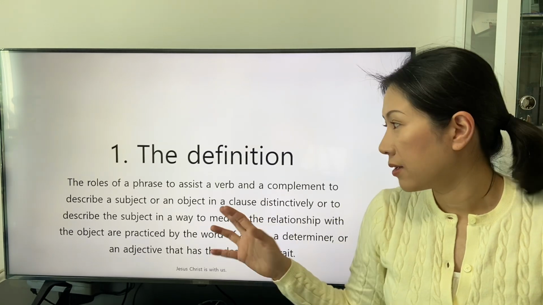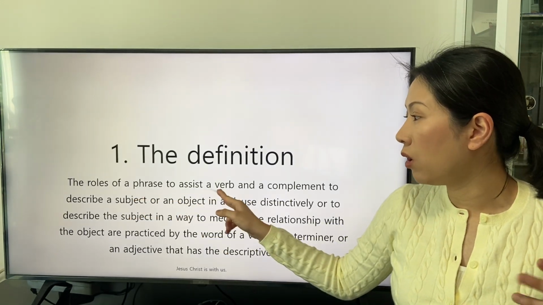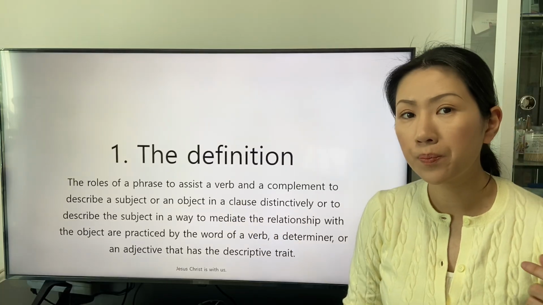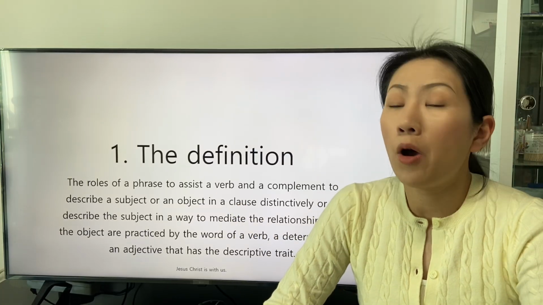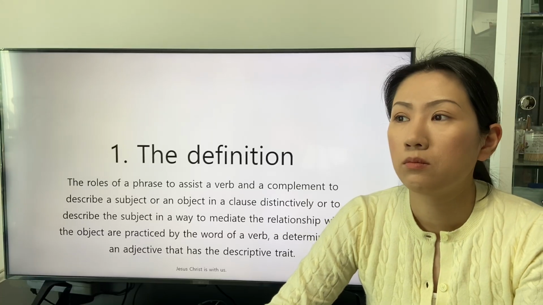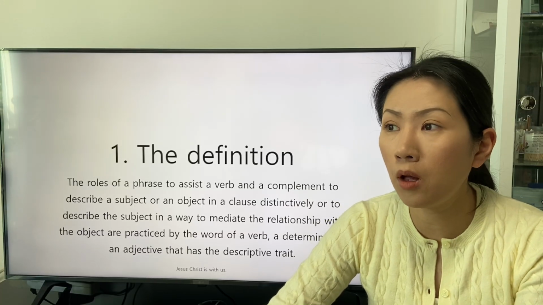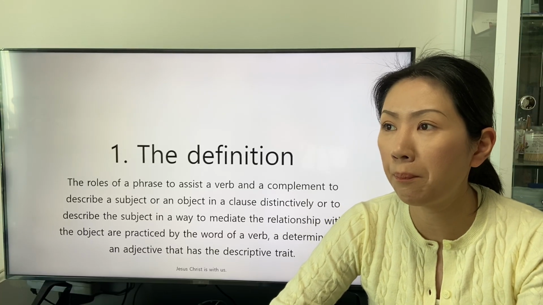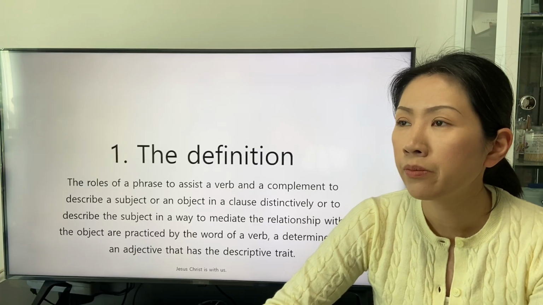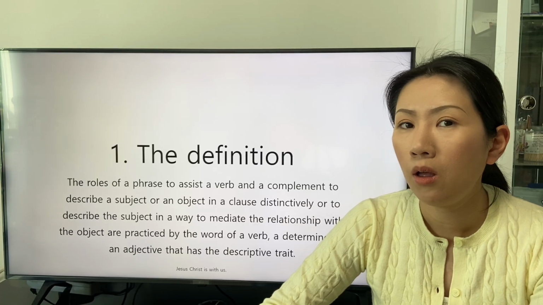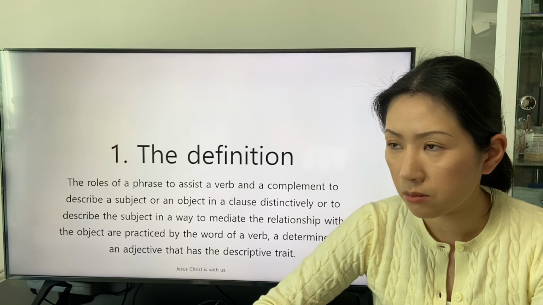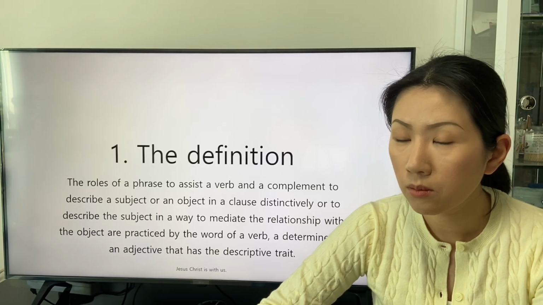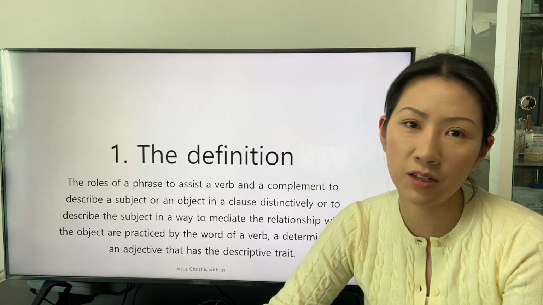So we can understand that a phrase to assist a verb can include a participle, present participle, or past participle, a modal verb, a preposition, and so on.